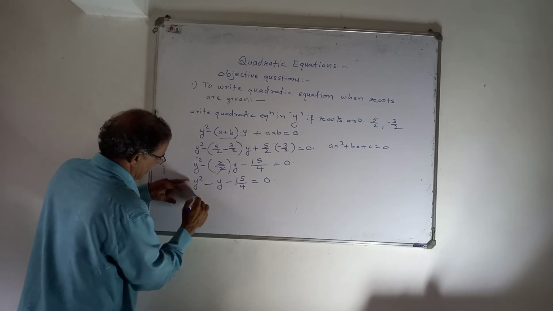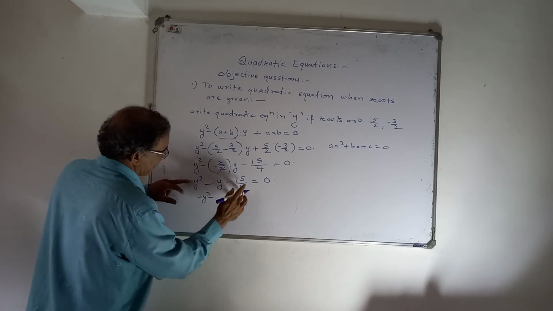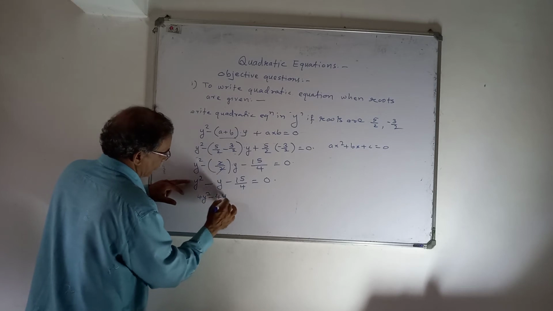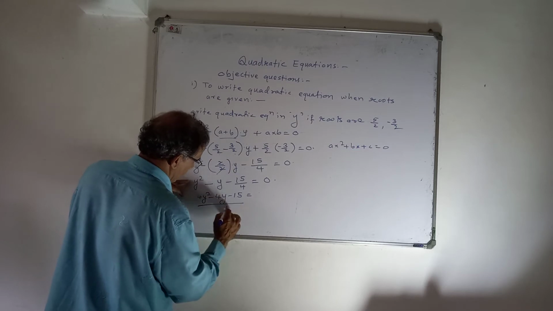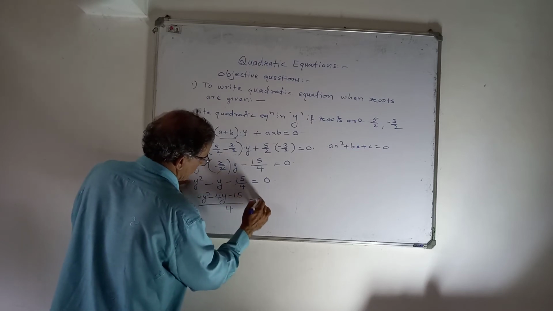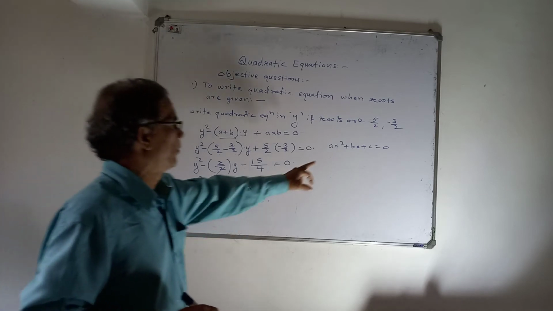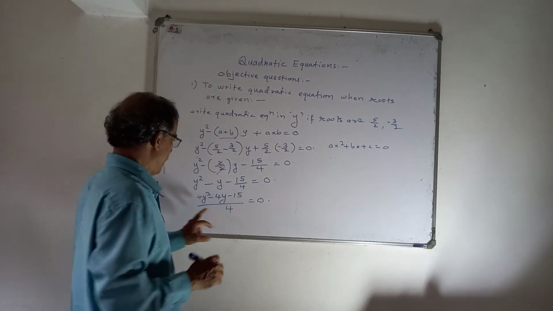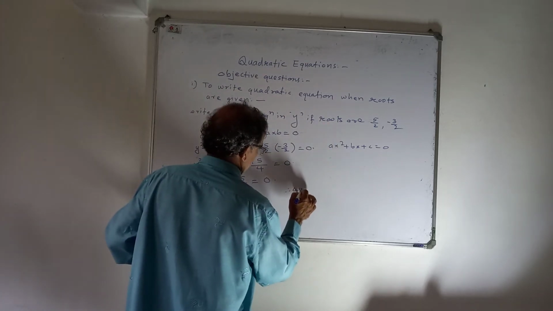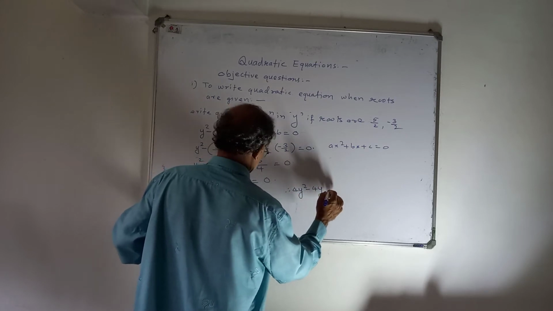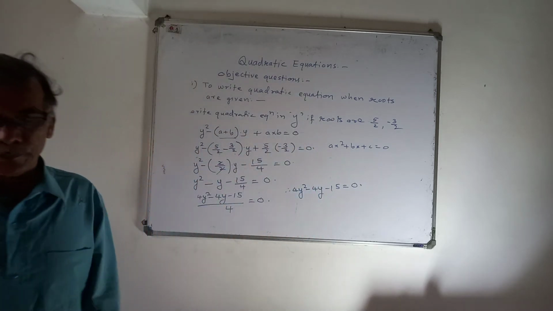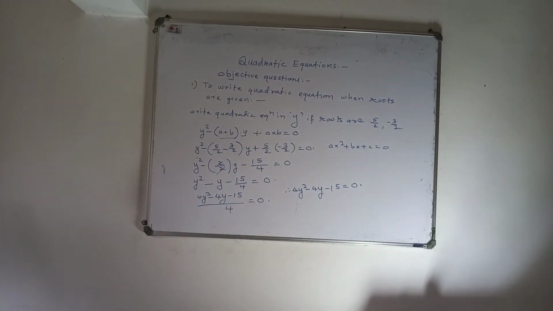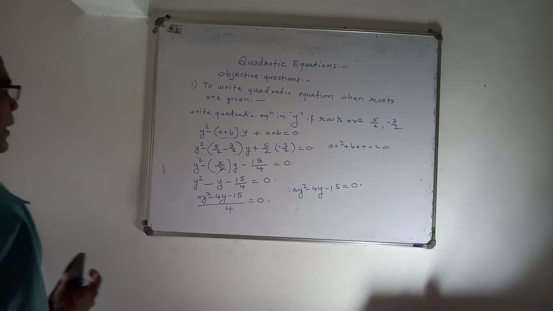So 4 into y square, 4y square, 4 into minus y, minus 4y, minus 15, whole upon 4 is equal to 0. Now we can convert this in this form. This upon 4 will go here. So therefore, 4y square minus 4y minus 15 is equal to 0. This is the standard form. So this is how to write the quadratic equation if the roots are given.